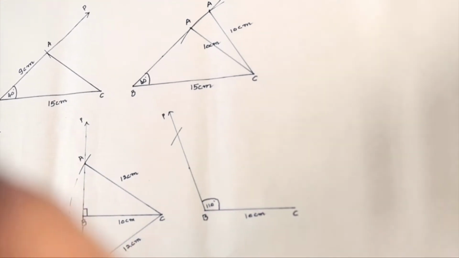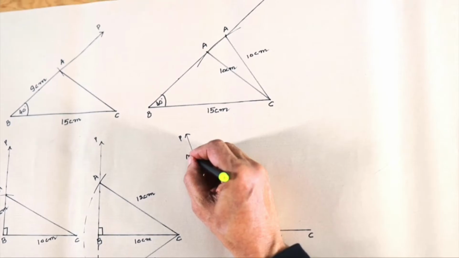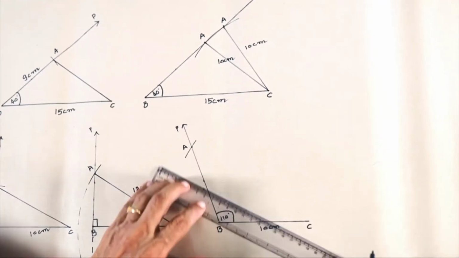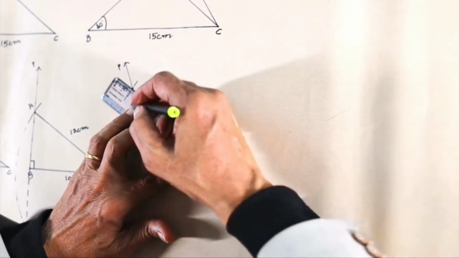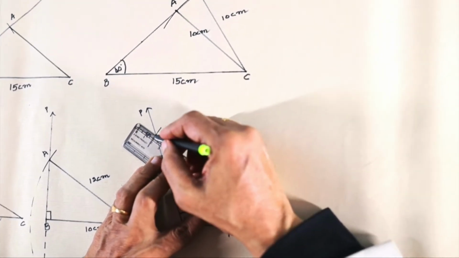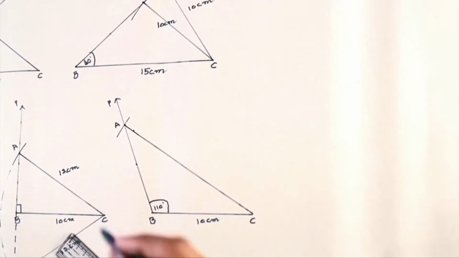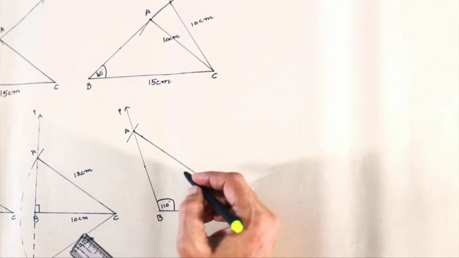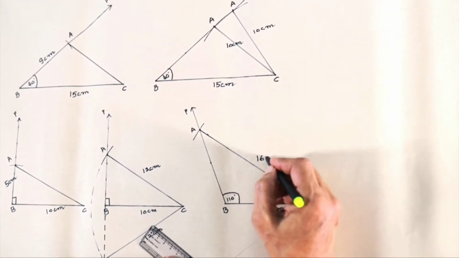Now let us call this point A and join A and C to get the obtuse angle triangle ABC. So this distance is 16 centimeters.